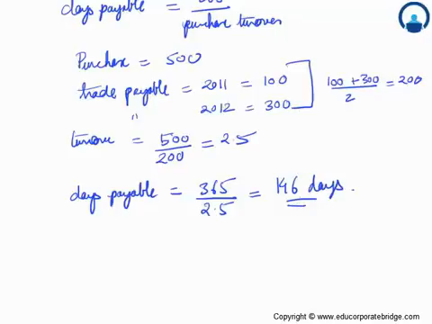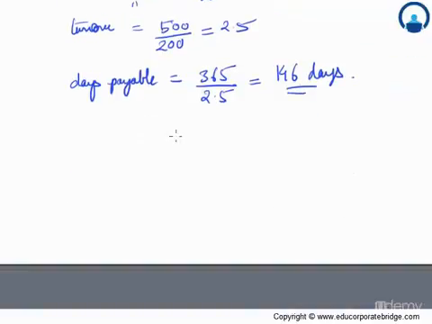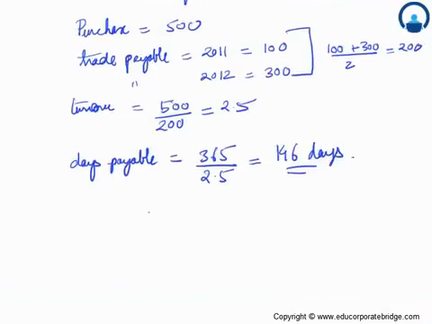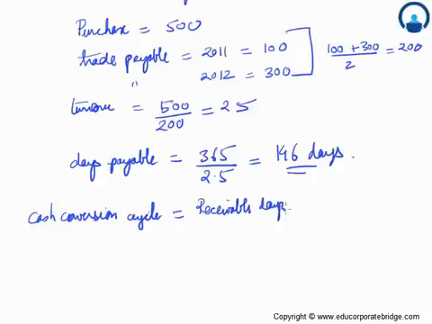So essentially we are saying that in our cycle, where we had seen the purchase of raw material, from inventory to the finished goods to the selling process, the total cash conversion cycle is basically calculated as your receivable days plus your inventory days minus your payable days.